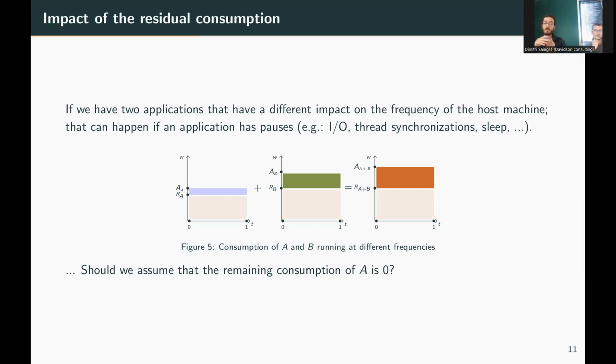When you run both A and B on the same server, the residual consumption will be equal to the residual consumption of B, because B is running at the fastest frequency. And A will have a bigger residual consumption, not because of its own activity, but because of the activity of application B.